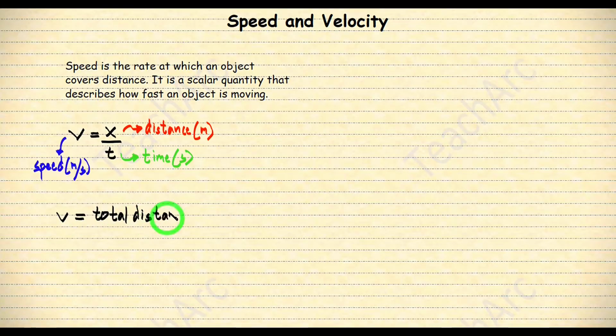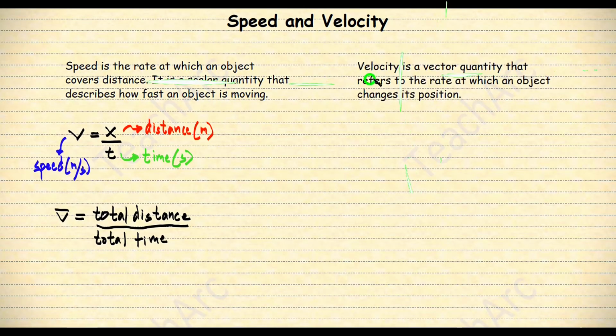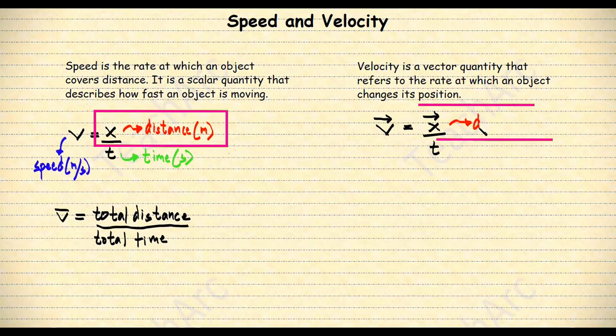Most of the time, what we measure is the average speed, which is the total distance over the total time. On the other hand, velocity is a vector quantity that refers to the rate at which an object changes its position. Instead of distance, we will be using displacement.